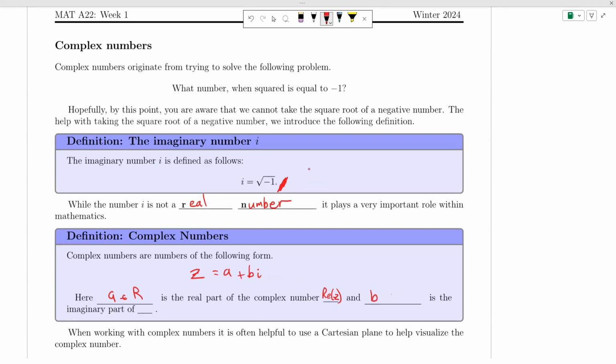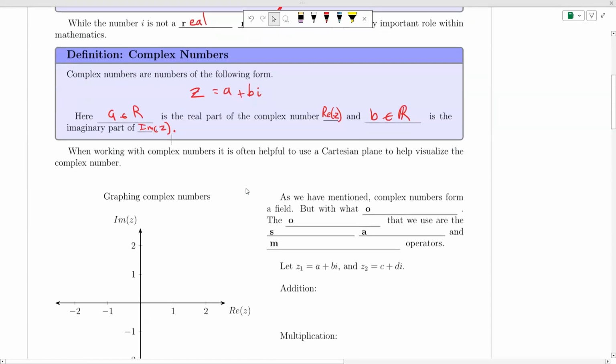And b, which is also a real number, is the imaginary part of z, or Im of z. So these values a and b, they're both real numbers. But when we combine them in this way, we get a complex number.